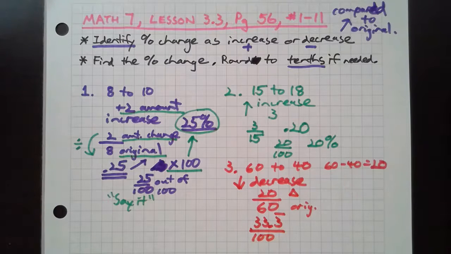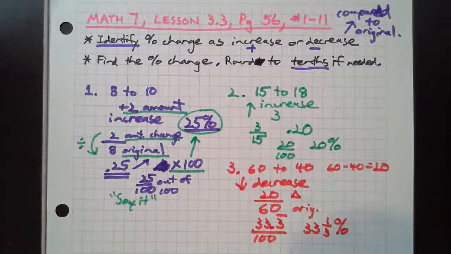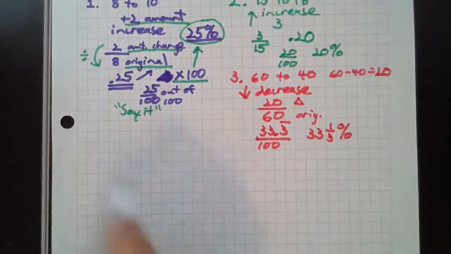So we can't really be precise with a percentage, but we could say 33 and 1/3. We can keep the fraction. Now it's precise. It's exact, okay? 33 and 1/3%. What color should I use now? 1, 2, 3. Okay, blue. The winner is blue.